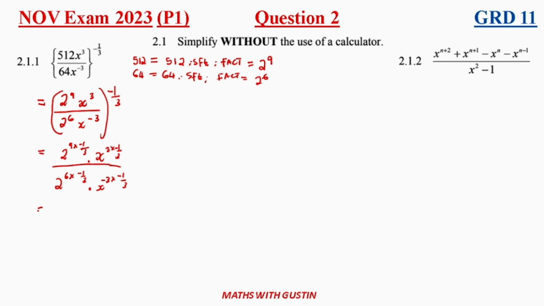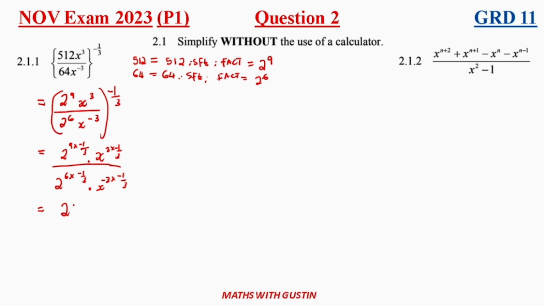All right, now we can simplify this. When we multiply, 9 multiplied by -1/3 is going to give us 2 to the power of -3. Here, 3 goes how many times into 9?